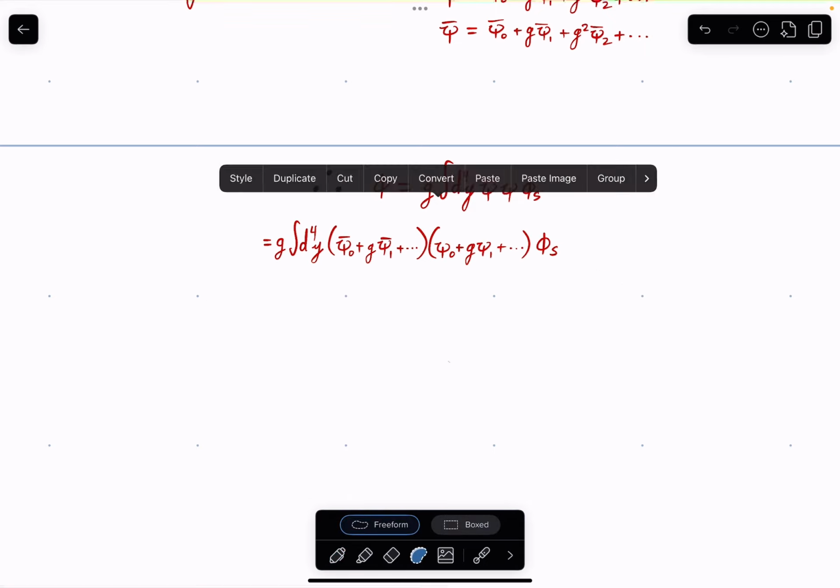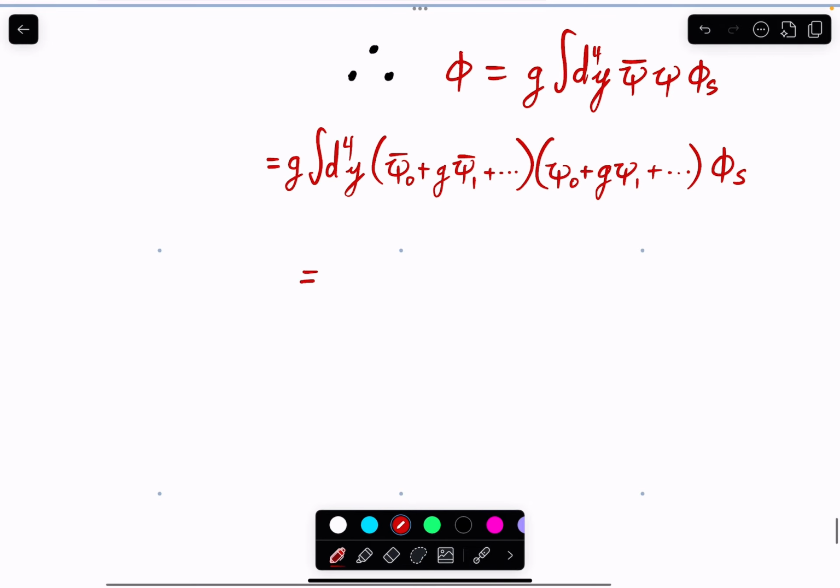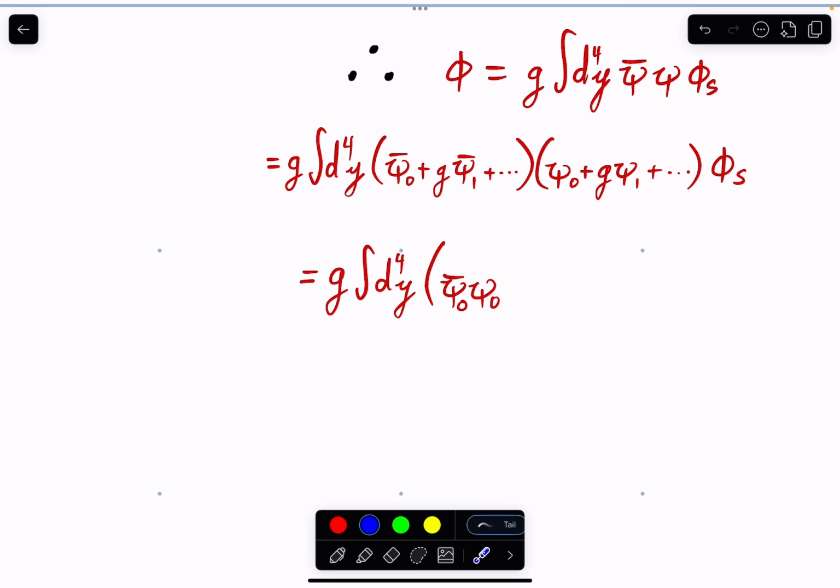Okay, so now we can expand this out again. We get psi bar naught psi naught. So these are the terms that have no G. Now we're going to do the terms with one G. So plus one G. Well, this is the only one with one G, so we get G times psi 1 bar, this, and then this times this.